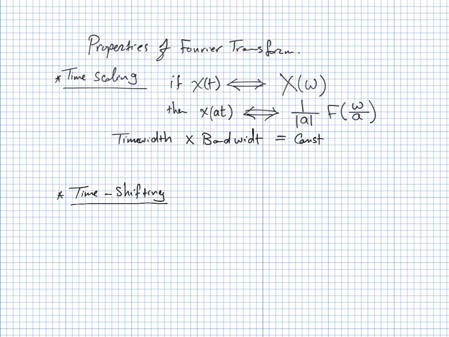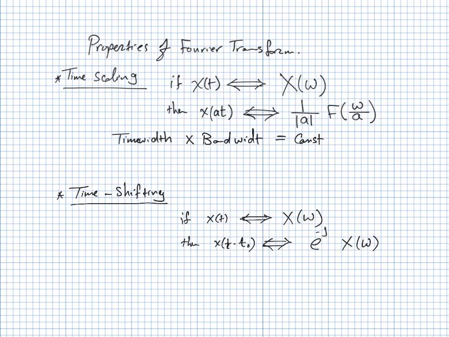Now for the time shifting, again, if x of t has a Fourier transform X of omega, then x of t minus some time shift t naught is going to have a Fourier transform which is exactly X of omega, but multiplied by a linear phase factor.